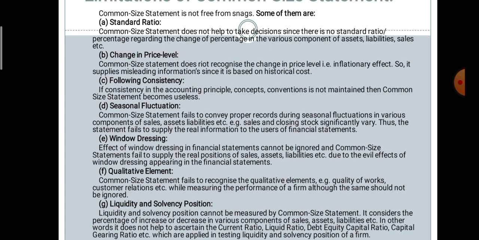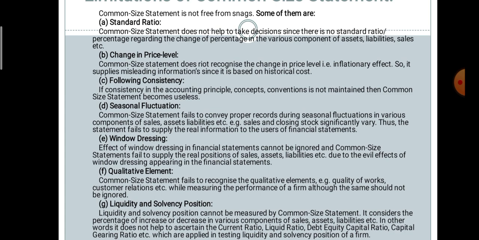Here, common size statement does not help to take decisions since there is no standard ratio or percentage regarding the change of percentage in the various components of assets, liabilities, sales, etc. Meaningful interpretation of common size statement can be made if they are compared with an ideal or a standard breakup. Establishing such standards is a difficult, time consuming and expensive affair. So this is one of the limitations.